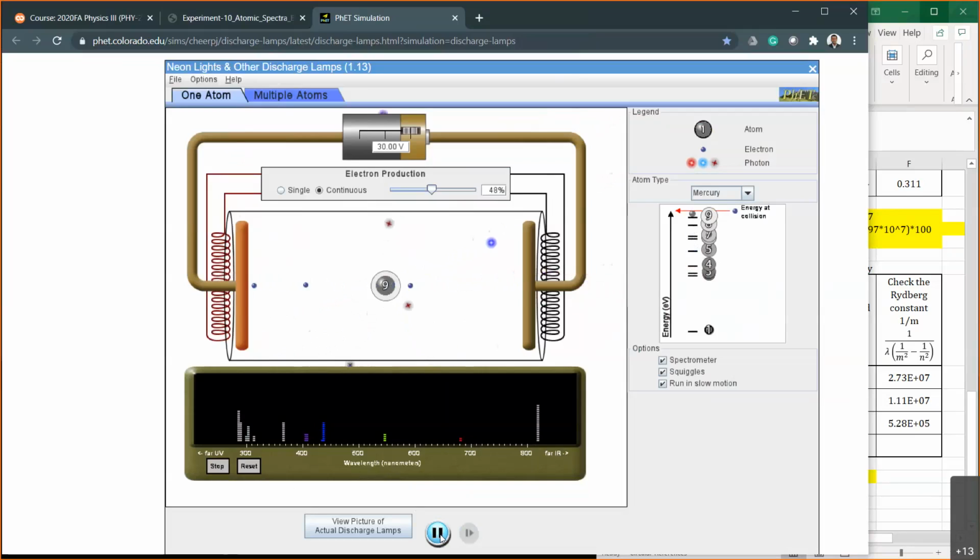Red also I did not record yet. If you observe the red, you can record that.